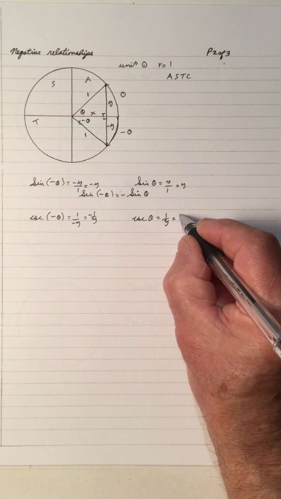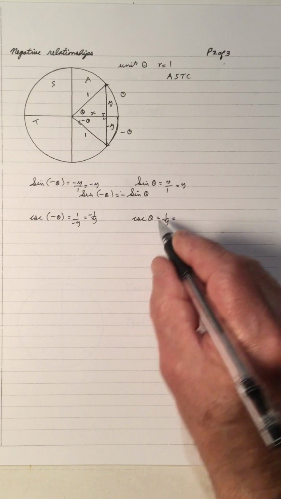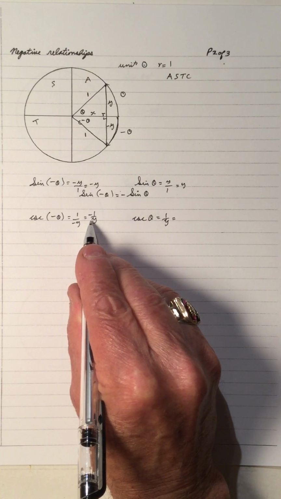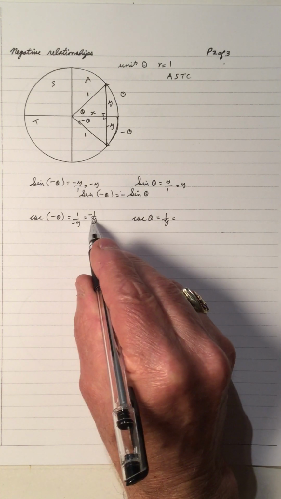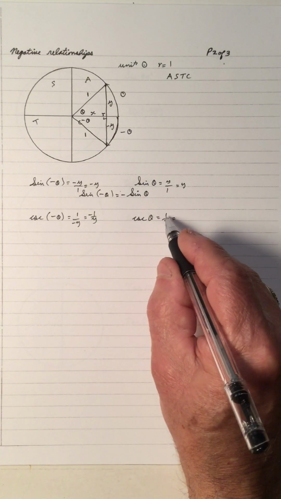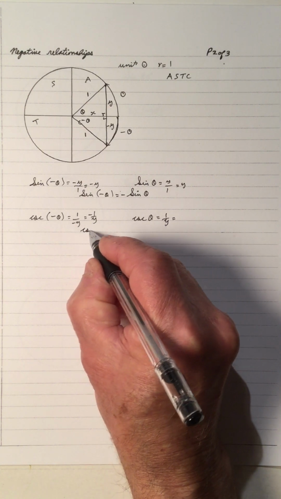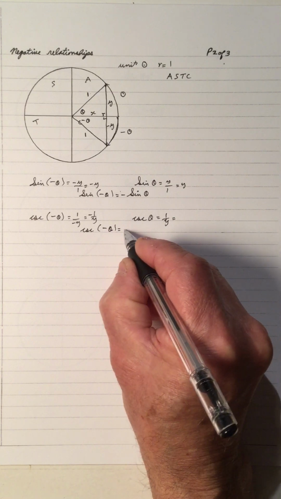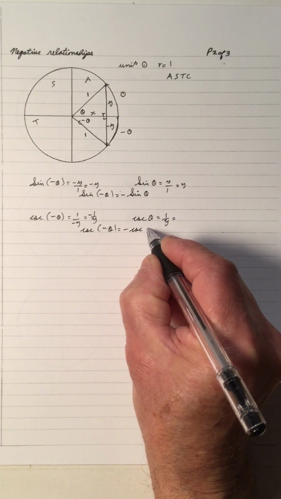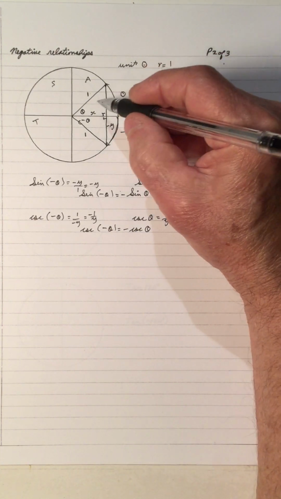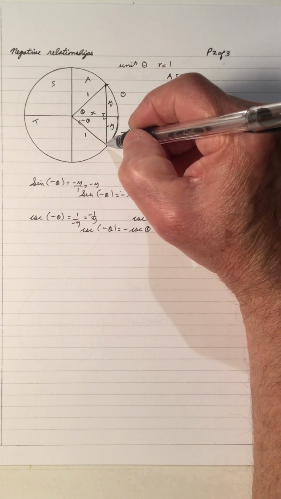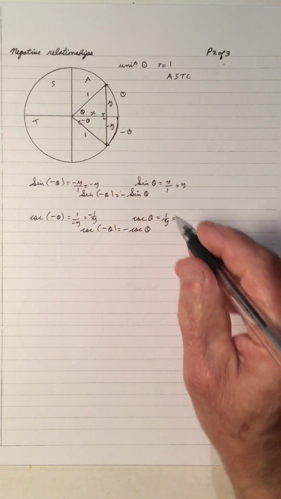And again, as you can see, these are opposites of each other. That's negative 1 over y, and this is 1 over y. So the cosecant of negative theta is equal to the negative cosecant of theta. Because the reference angles are the same, sine is positive here and sine is negative here. So that's why they're negatives of each other.